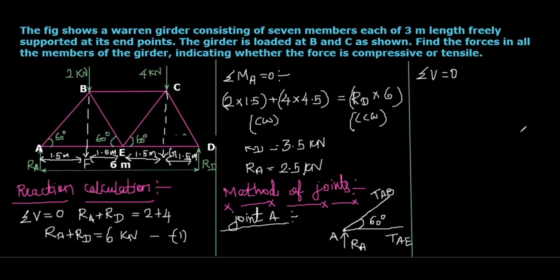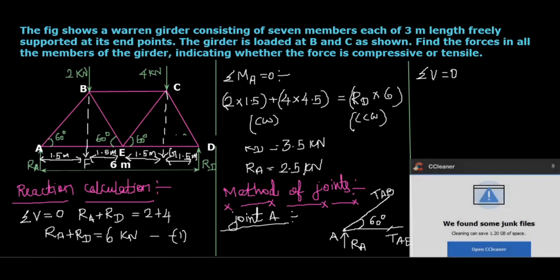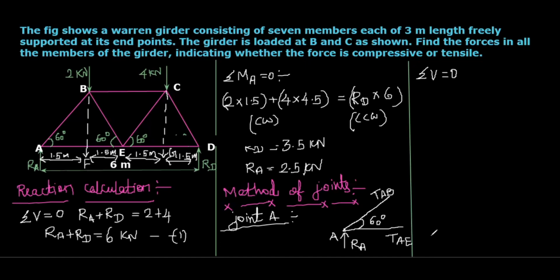RA is the upward or vertical force. The other force TAE is a horizontal force, so that cannot compensate this RA. So the only other force is TAB, which is an inclined force.